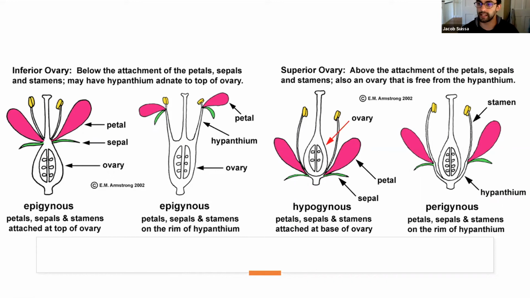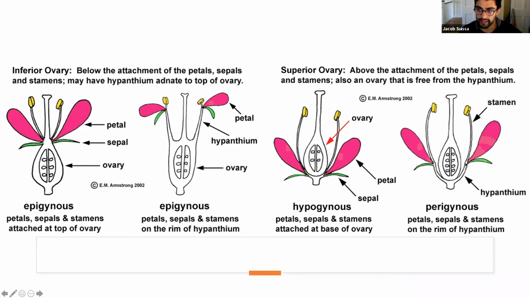Essentially, all it is is a fusion of the petal whorls. Except, not always the ovary. It's a fusion of the sepals, the petals, and the stamens, at least. And hypanthia can occur with superior ovaries or with inferior ovaries. It just depends on the fusion of the floral organs.